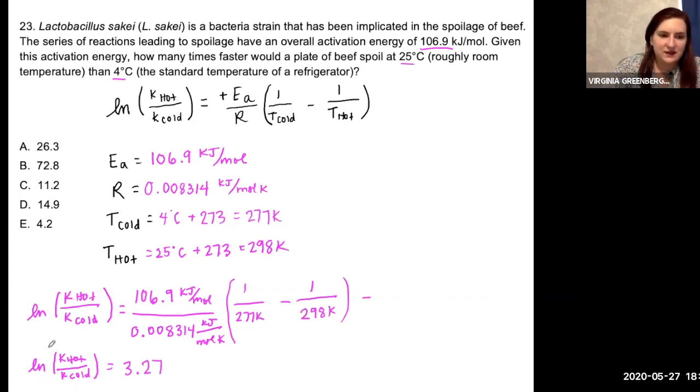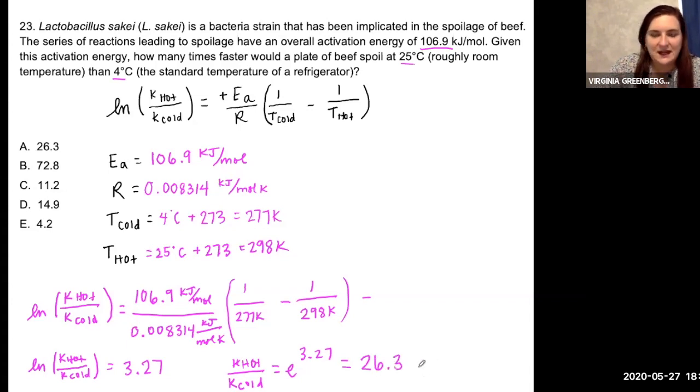And so to get rid of this natural log, now I'm going to need my exponential again. So I'm just going to say that then K hot over K cold is equal to e to the power of 3.27, which ends up being 26.3.